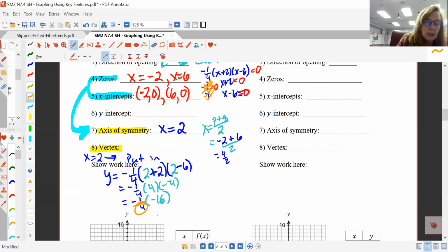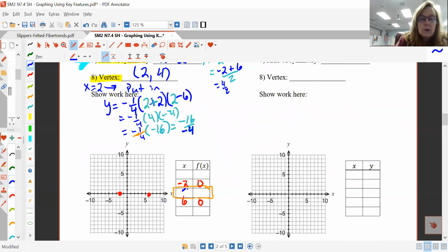So I'm taking -16 and dividing by 4. If I want to be formal about it, essentially what I have is negative 16 divided by negative 4. That's what I'm really doing. So negative 16 divided by negative 4 is 4. So my vertex point is (2, 4). So (2, 4), that's my star point. That's the middle.